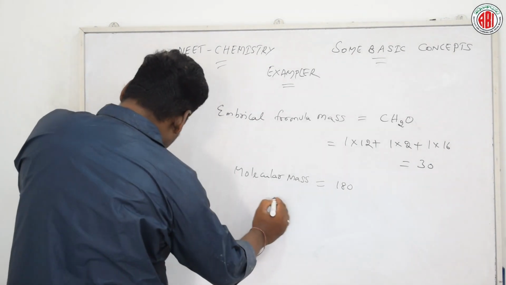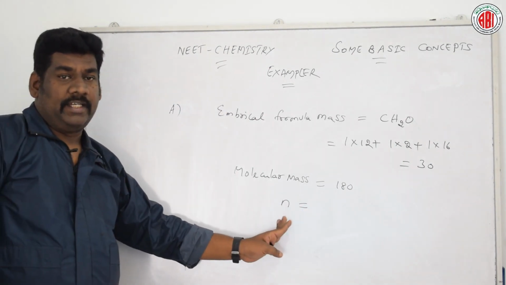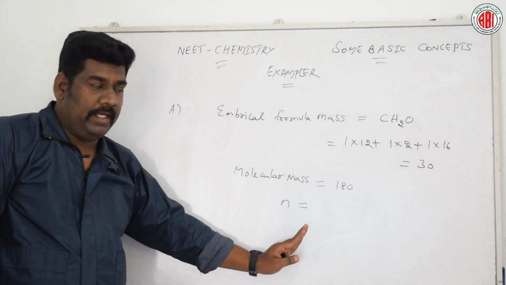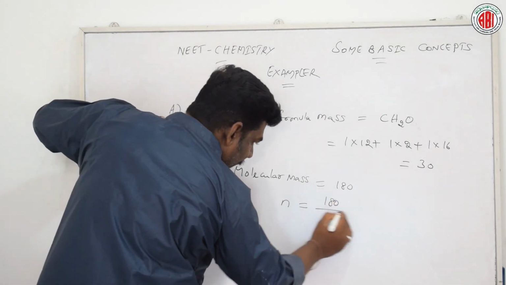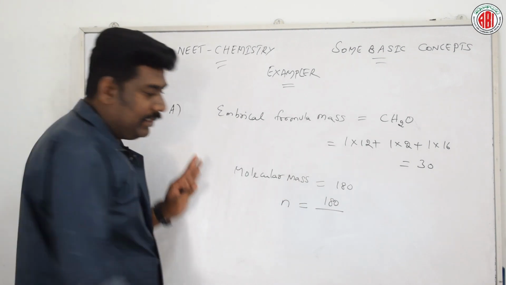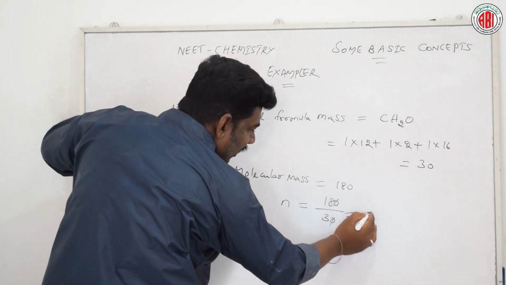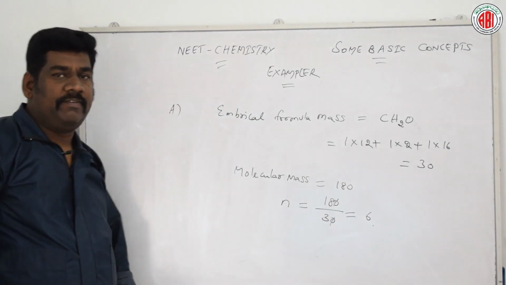Now we are going to find n. So n is equal to molecular mass by empirical formula mass. Molecular mass is 180, divided by empirical formula mass, that is 30. Simplifying this, 3 6s are 18, so we will get 6.